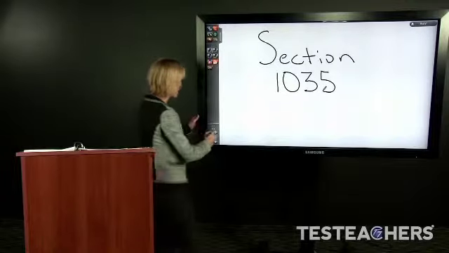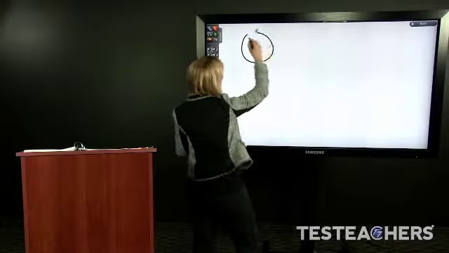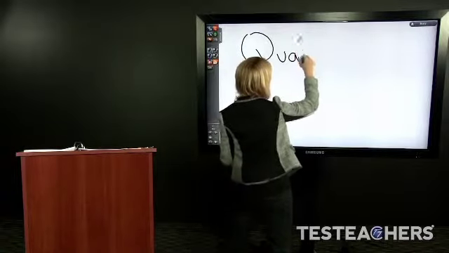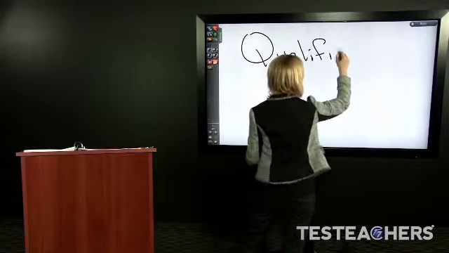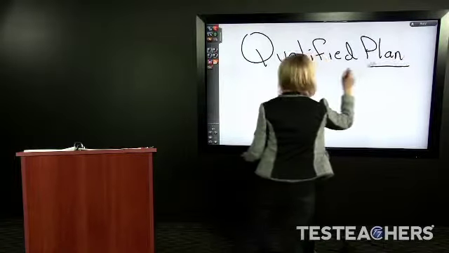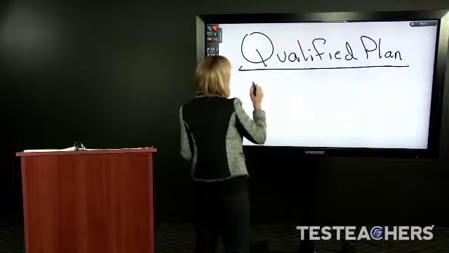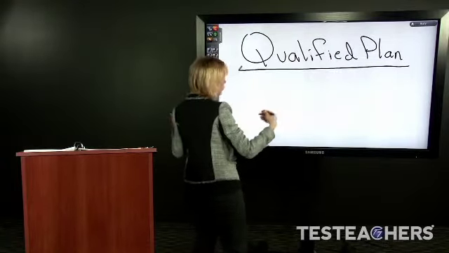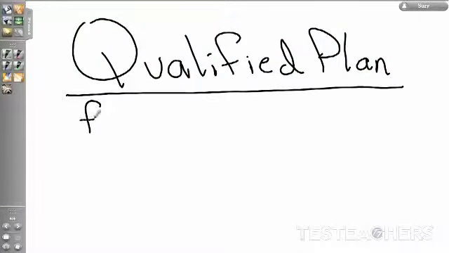So the idea that where you work, you may have a retirement plan. These retirement plans, generally speaking, are what we call qualified plans. A qualified plan is going to have to do certain things. There will be certain things that are true about all of the qualified plans that we talk about.